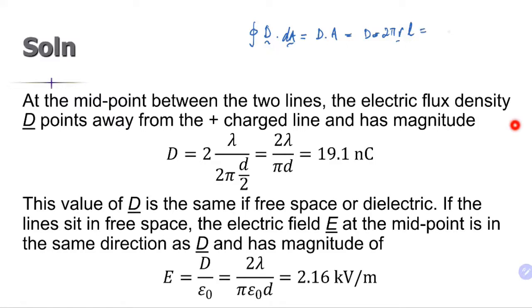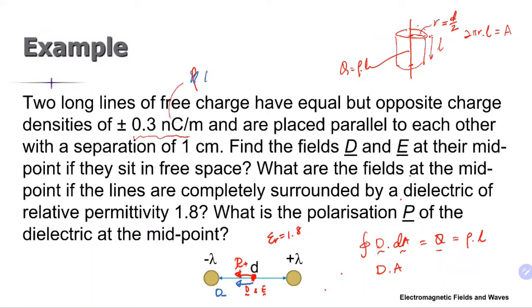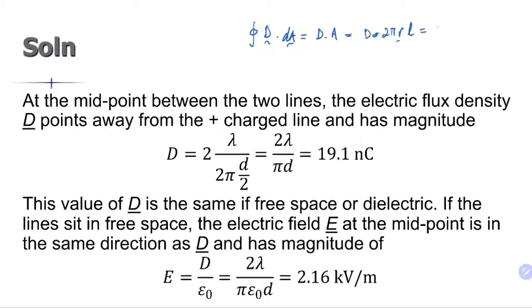And this has to be equal to, okay, let me correct that, I should have used lambda for the charge density, so that will be lambda times L. This is for the positive. Therefore D due to a positive charge will be equal to lambda over 2 pi times d over 2.